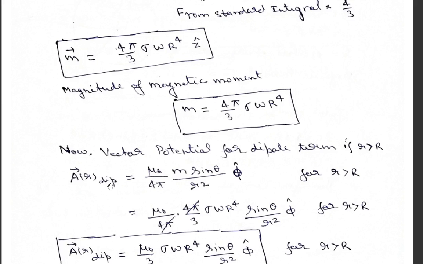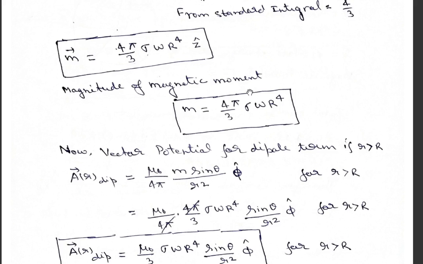the value of the vector potential due to a dipole term. That is μ₀ upon 4π, where m is the magnetic dipole moment, sin θ upon r² into φ unit vector, for r greater than R, where r is the point of observation. Now we know this magnetic dipole moment.